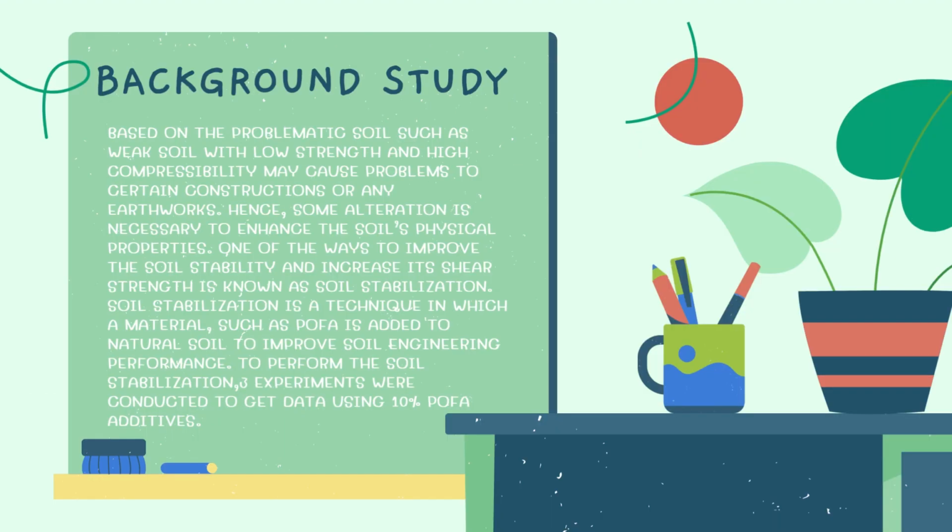So for the background study, problematic soil such as weak soil with low strength and high compressibility may cause problems to certain construction or any earthwork. Hence, some alteration is necessary to enhance the soil physical properties. One of the ways to improve soil stability and increase its shear strength is known as soil stabilization.